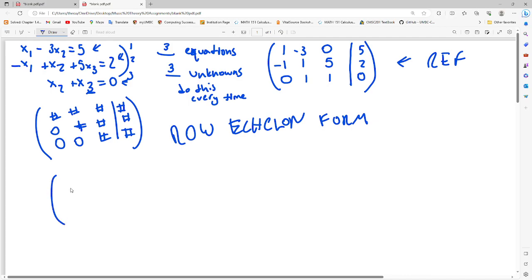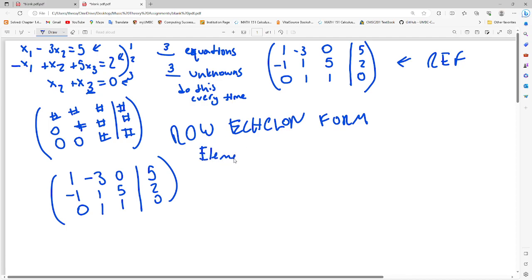So we're going to start out by rewriting our matrix. And what we're going to do is use what are called elementary row operations. Elementary row operations allow us to convert this to this.